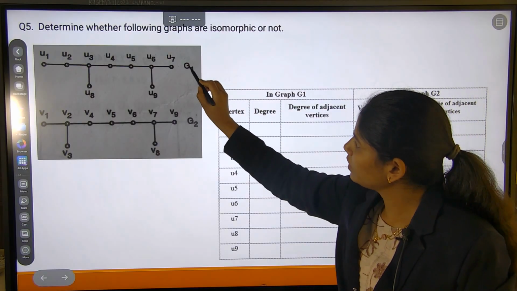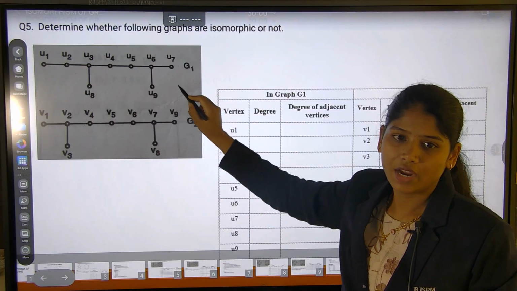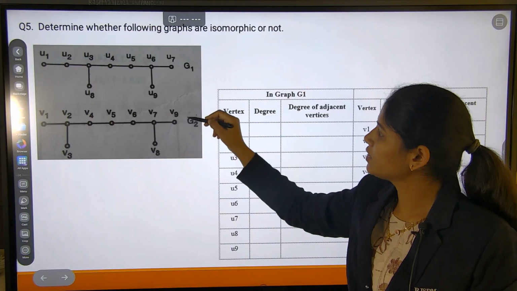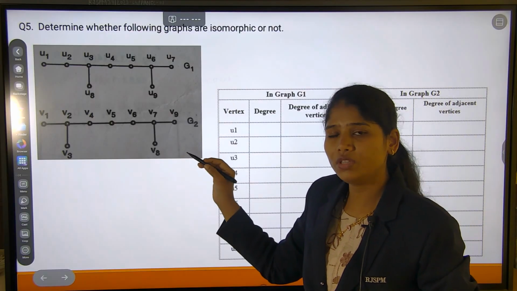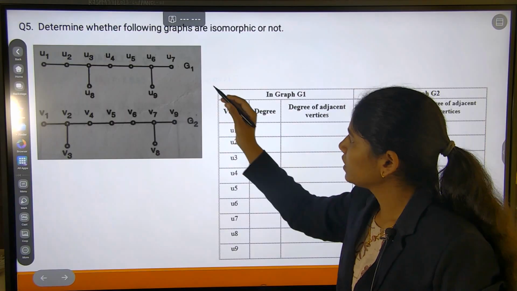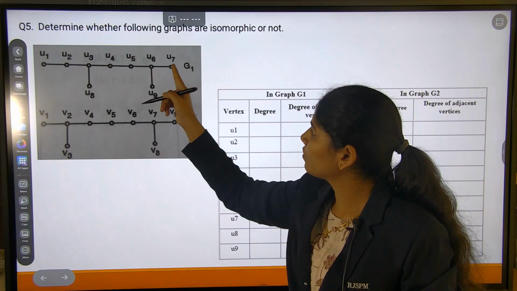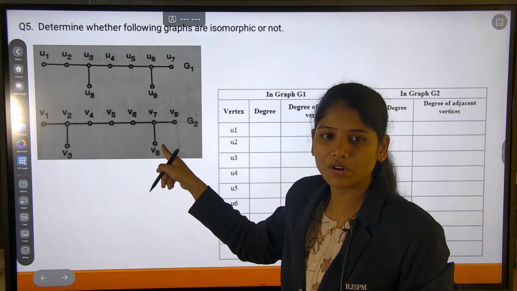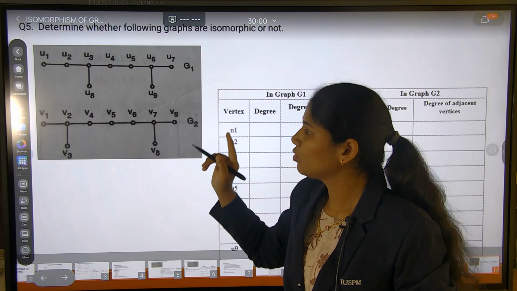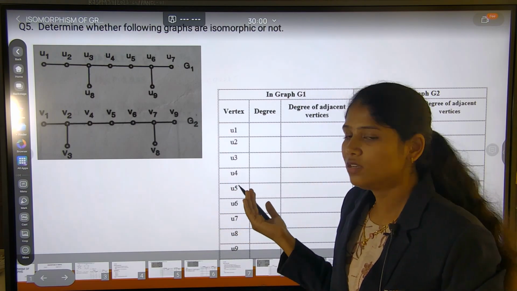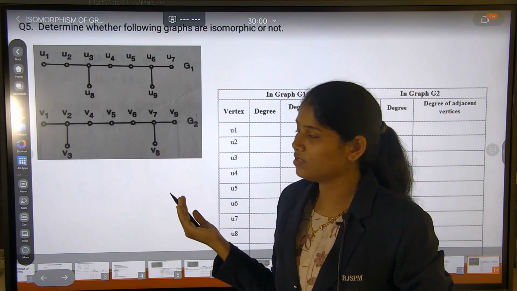In graph G1 there are 9 vertices and in graph G2 again there are 9 vertices. So vertices in both the graphs are the same. Check the number of edges. Here 8 edges, again here 8 edges. Therefore both have the same number of edges. Next check for the degree sequence and adjacency.